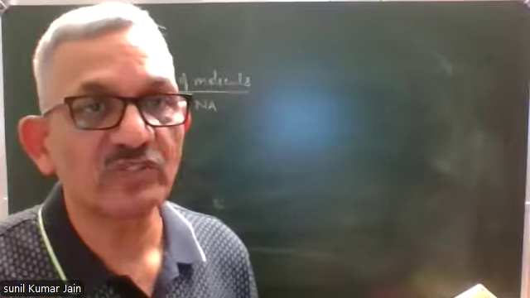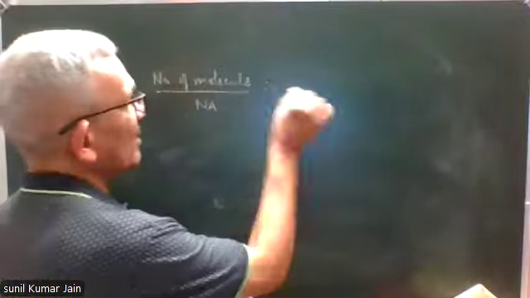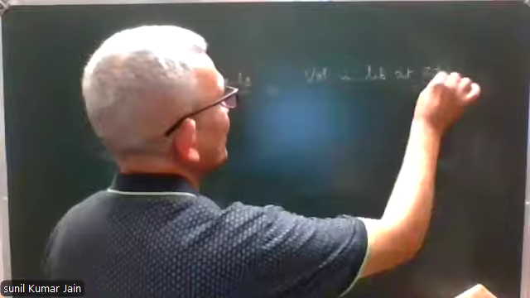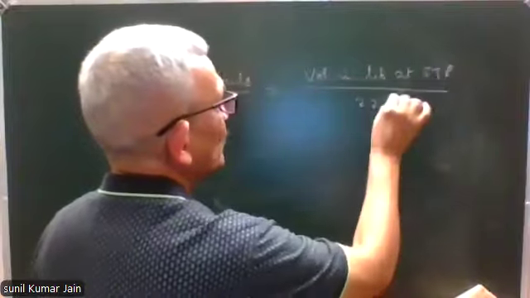Calculate number of molecules in 11.2 liters of N2 gas at STP. See, we have to find number of molecules. So relation will be number of molecules divided by Avogadro's number. This relation is number of moles. In 11.2 liters of nitrogen at STP, now, volume in liters at STP divided by 22.4. So we don't have to find the number of moles.